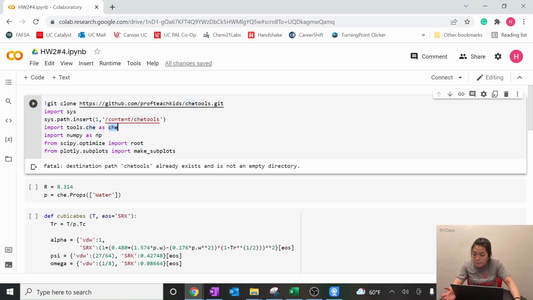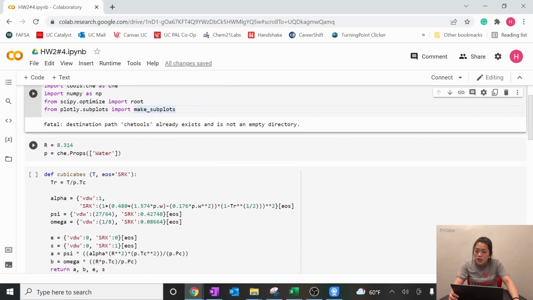We imported numpy, which allows us to do a lot of mathematical functions like logs and sorting and a ton of other things; it's just a wonderful mathematical tool. We also imported roots from SciPy Optimize, which allows us to solve for roots. And then we also imported subplots. This allowed us to make a plot that showed different isotherms, which we did in the previous video.